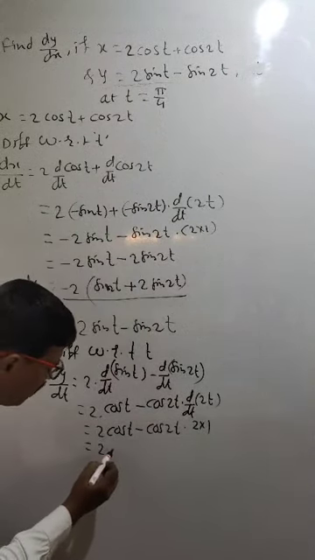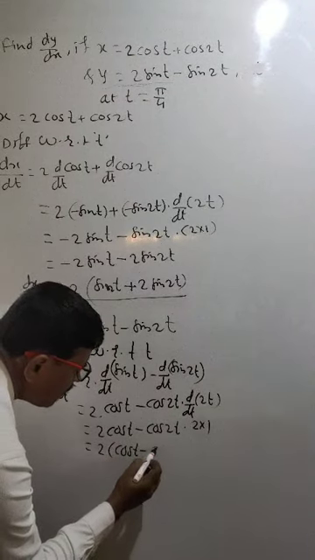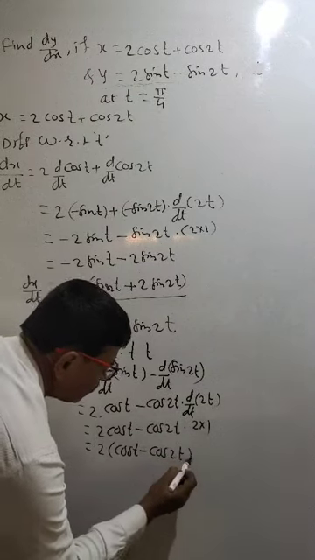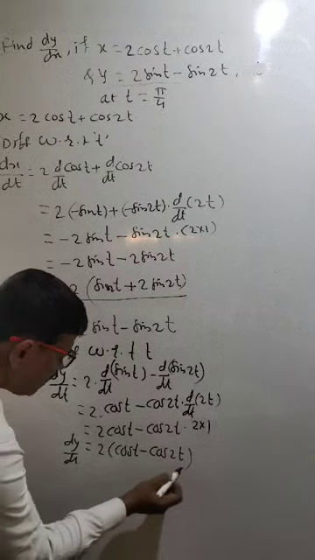Take 2 common, 2 into bracket cos t minus cos 2t. This is value of dy by dt.